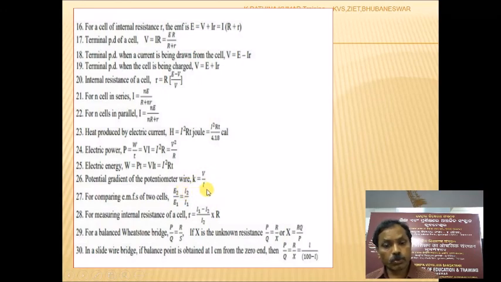Comparing the EMF of two cells, E1/E2 = L1/L2; then internal resistance r = (L1 - L2)/L2 × R; then P/Q = R/X, unknown resistance from the resistance bridge, and the balance condition P/Q = R/X × L/(100 - L).